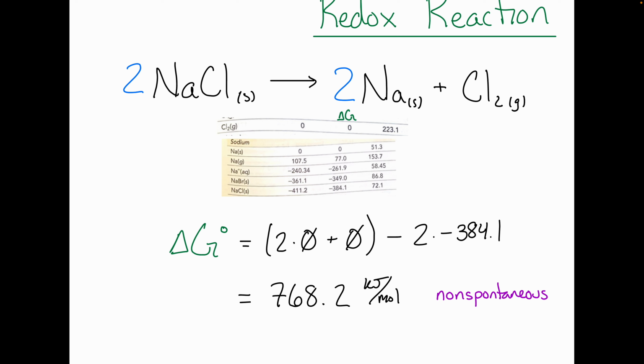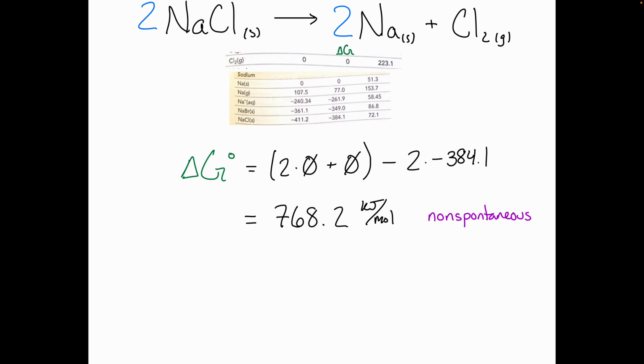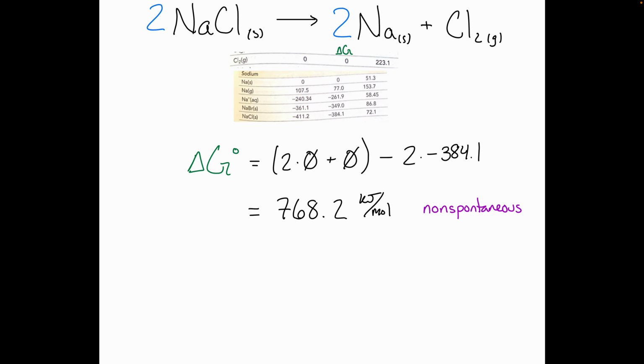But that's what we want to do, is we want to drive it in this forward direction here. All right? So how are we going to go about doing that? Well, let's use our relationship between delta G and our E naught. First, we're going to need to look at our half reactions.